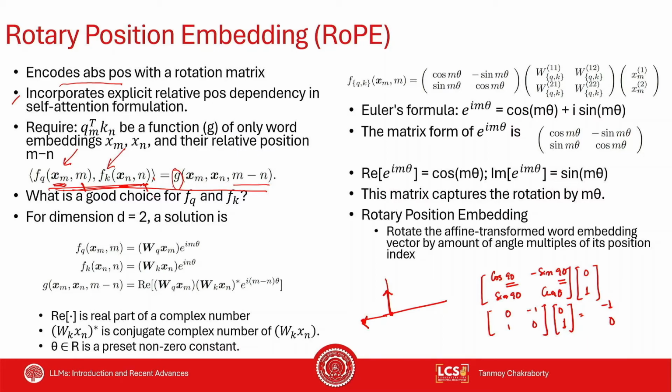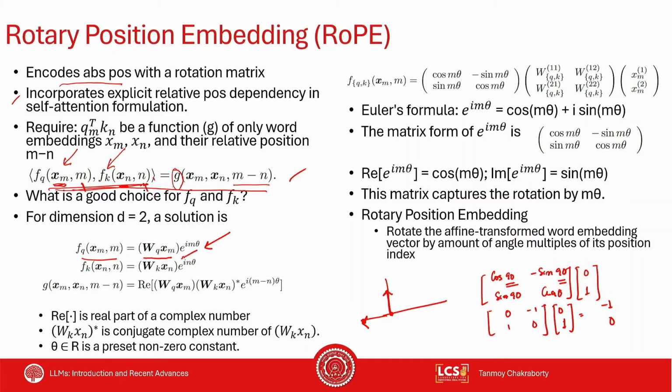One of the options which satisfies this is as follows. They said that fq can be written in this way. Remember, fq is the transformation of your query embedding and the position. We already know xm and Wq: xm is the word embedding and Wq is the query matrix that we learned.